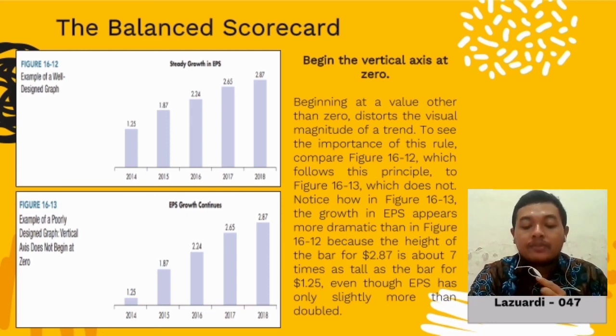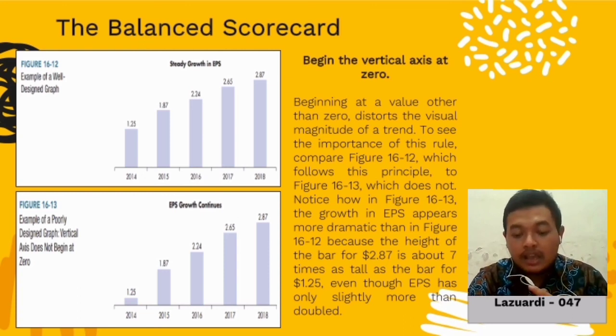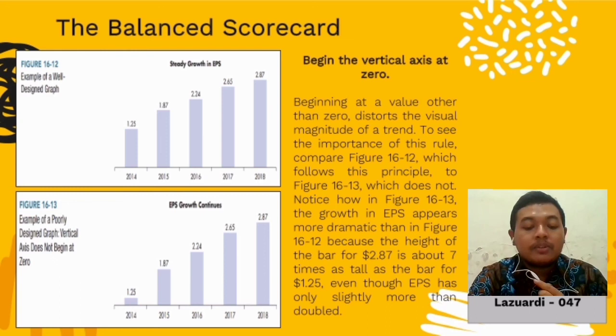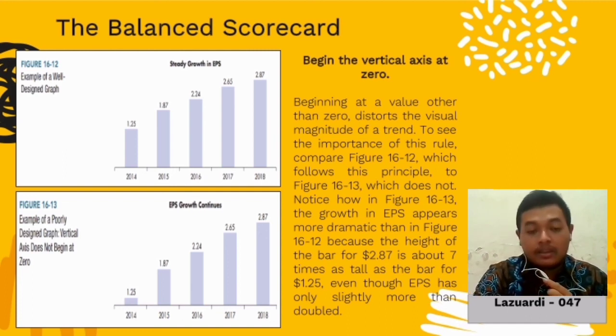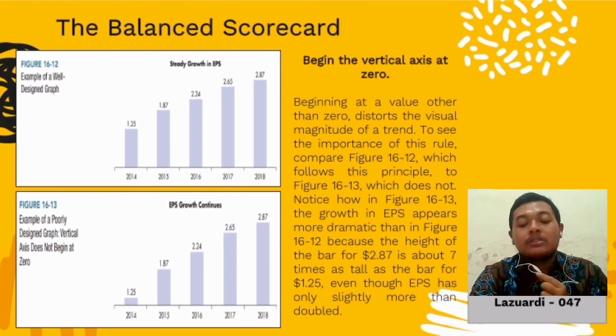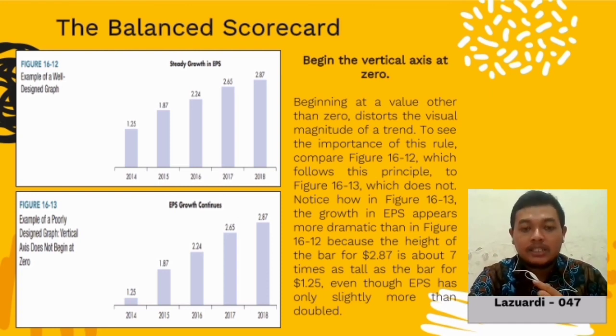Graphs not only must be easy to read but also must lead to accurate interpretations of the underlying data. The following two principles are essential for properly designing bar charts of financial data so that they are accurately interpreted. The first is to begin the vertical axis at zero.